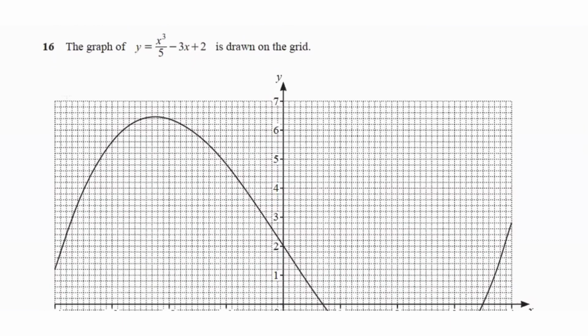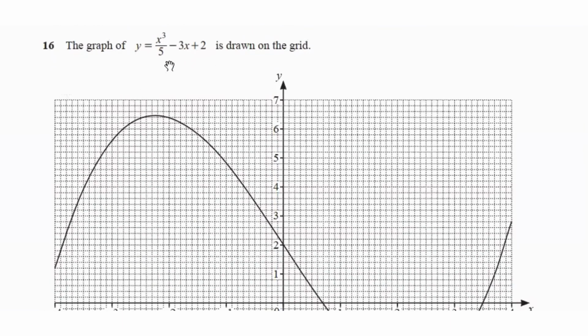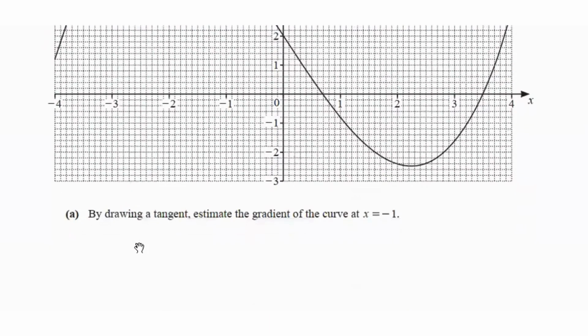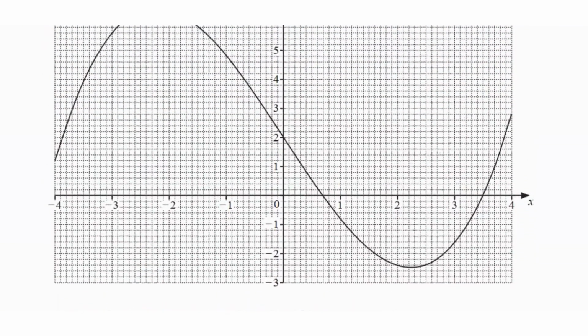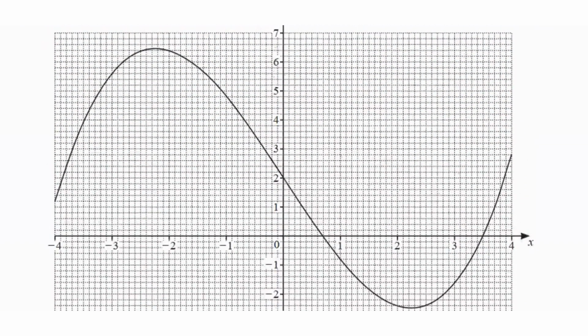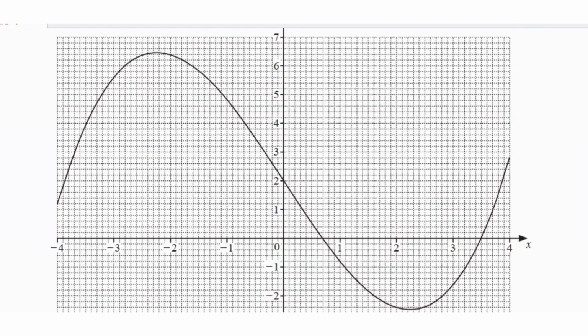Question 16 shows us the graph of y equals x cubed over 5 minus 3x plus 2 drawn on the grid. By drawing a tangent, estimate the gradient of the curve at x equals negative 1. This is x equals negative 1. So I'm going to draw a tangent line over here.